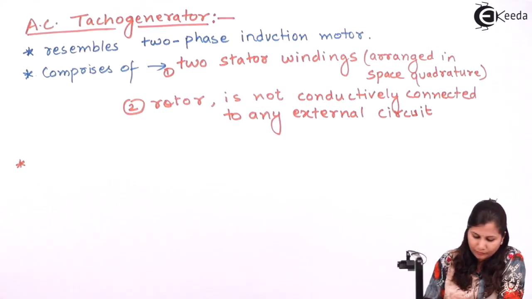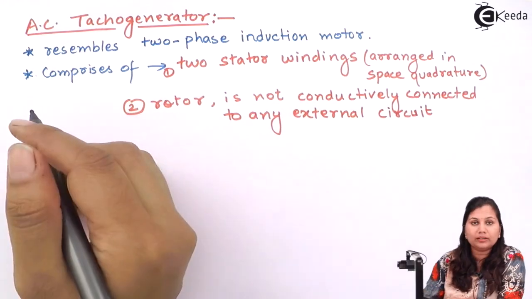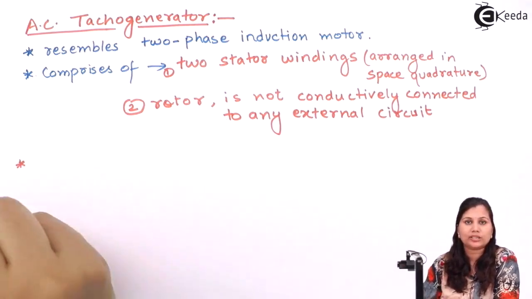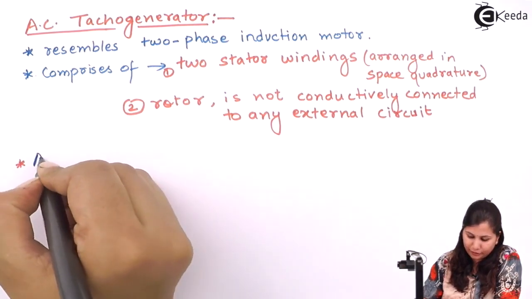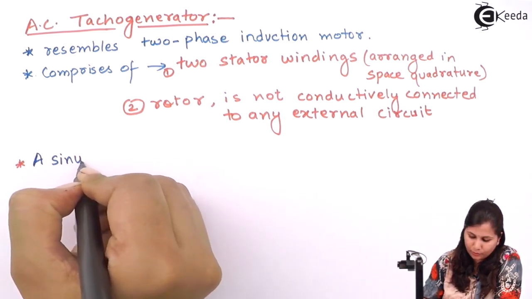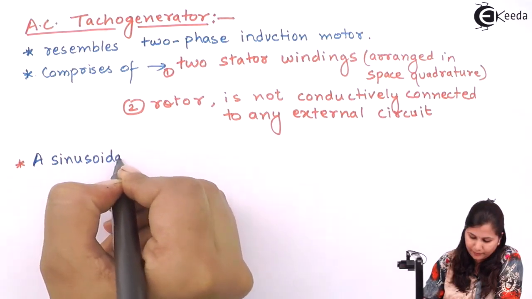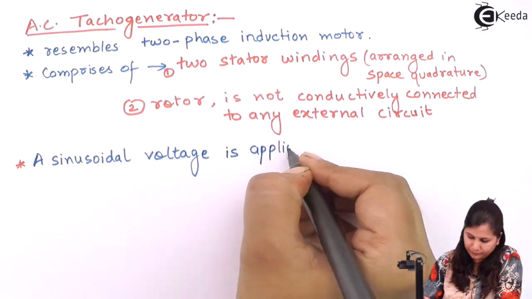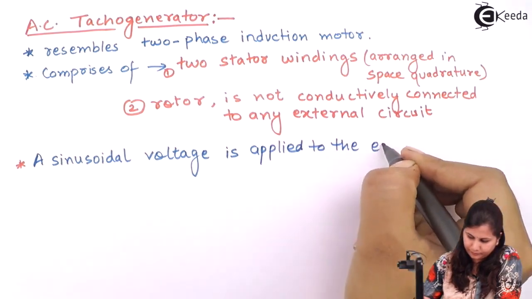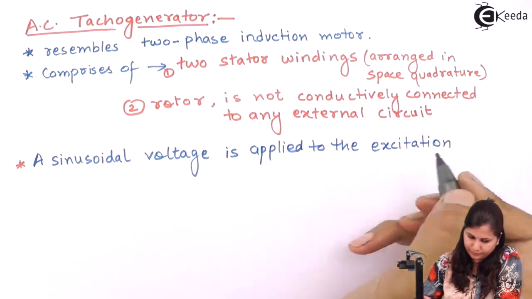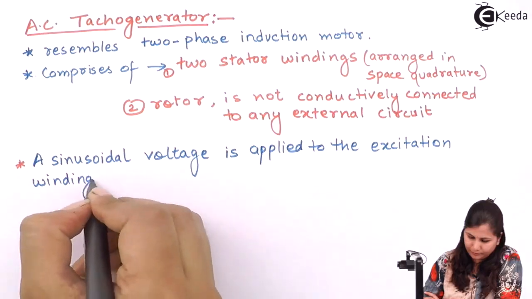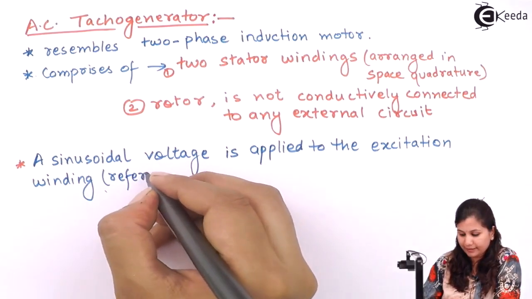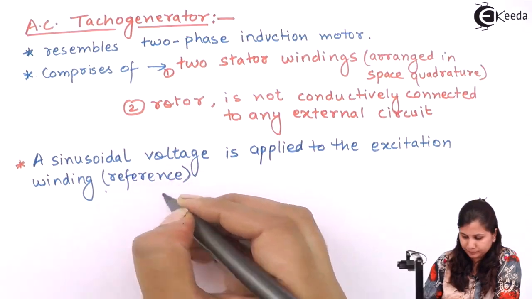Now, suppose a sinusoidal voltage is applied to the excitation winding, or the stator winding which is excited. This excitation winding is also known as the reference winding.